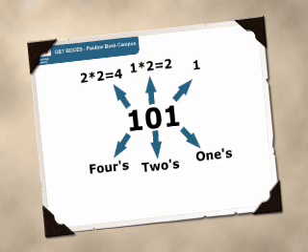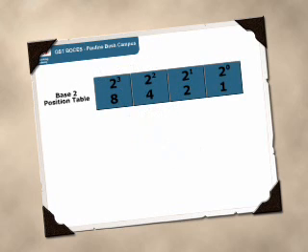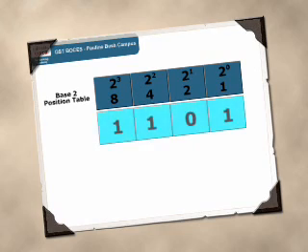Now that we understand the idea of position values, let's look at them in a different fashion. In this image, the base 2 position values have been placed into a table, and we have added the 8's position, or 2 cubed. When you are dealing with numbering systems that are foreign to you, this is the best way to write out their position values for easy conversion. Now let's place a base 2 number beneath the place values, and in this case it's going to be 1101.